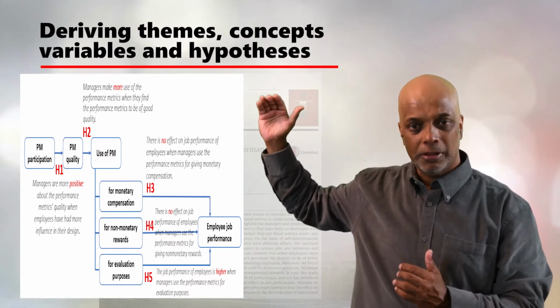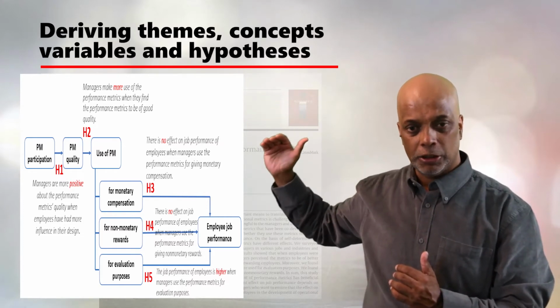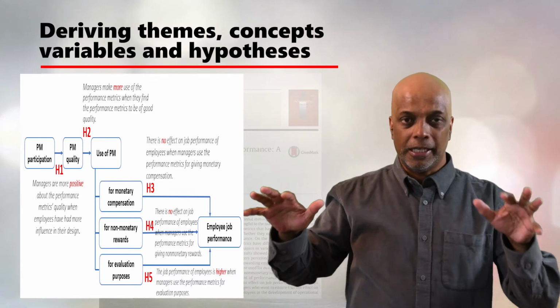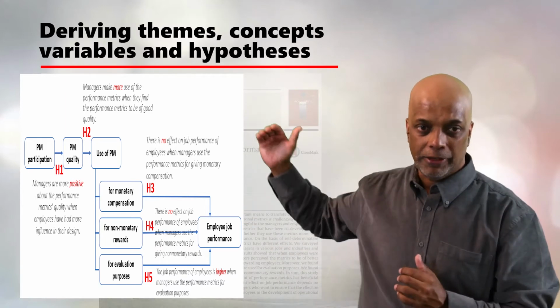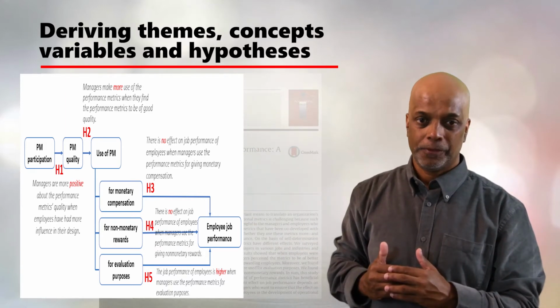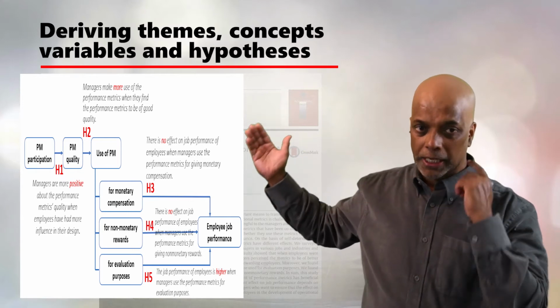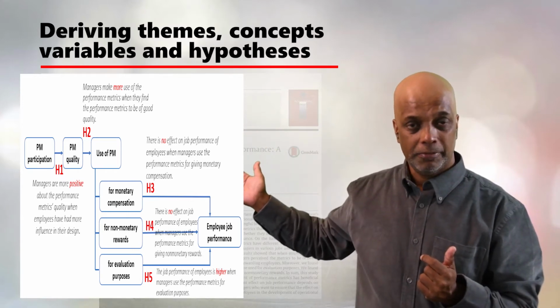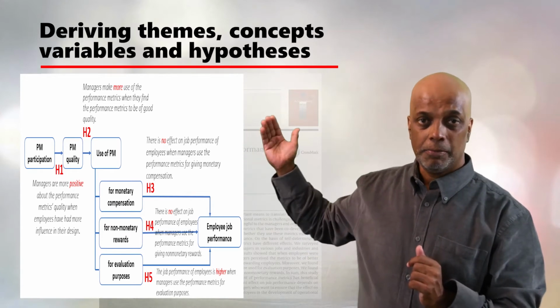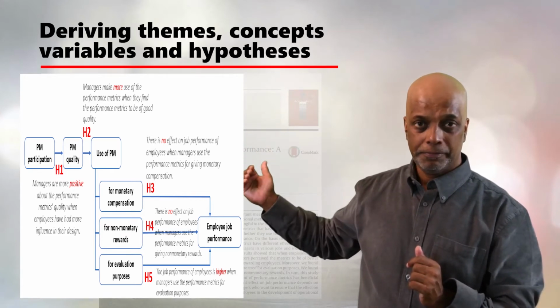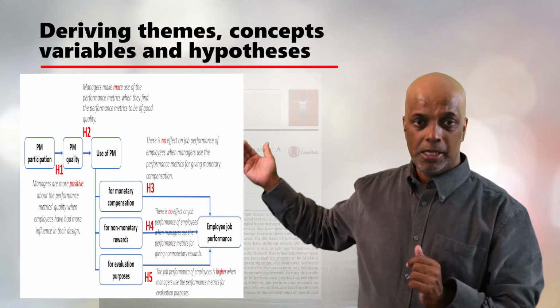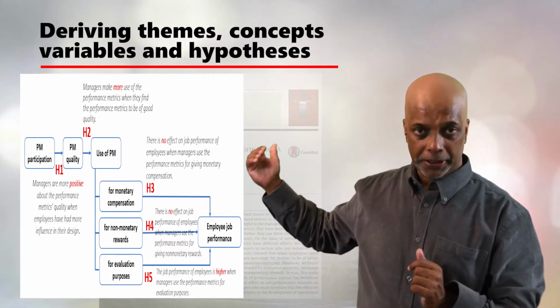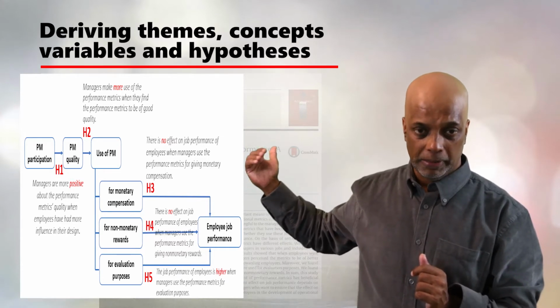And they have, accordingly, a set of hypotheses to test the relationship between these variables. So they have a first variable, PM, or the performance matrix participation, another variable, performance matrix quality, and another variable, use of performance metrics, the manner in which they are being used by the managers.